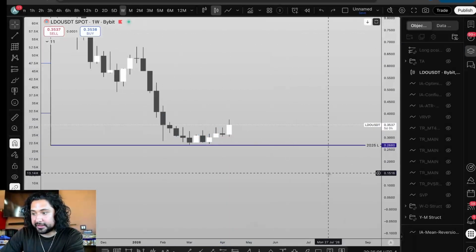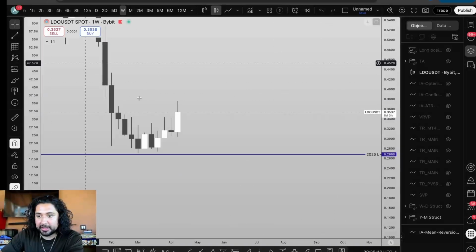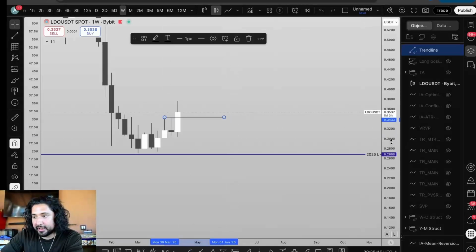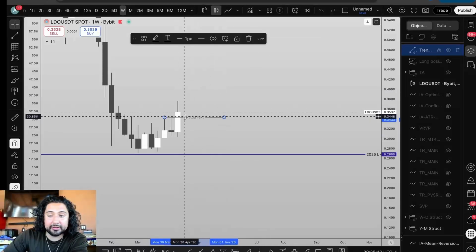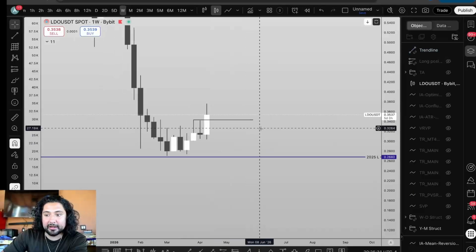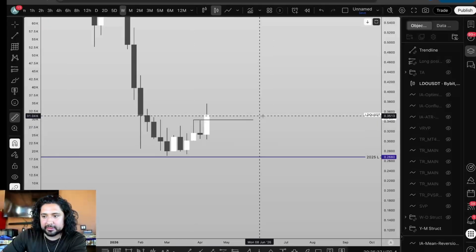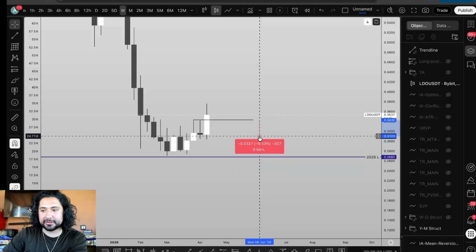So if you're looking at the weekly time frame, and if you want to wait for that clear confirmation, you need to wait till the weekly time frame closes above 0.3433. If we get a weekly close above this, then you can put your stop losses underneath these lows, which would be, let's say you get it right at the close, a 21% range.